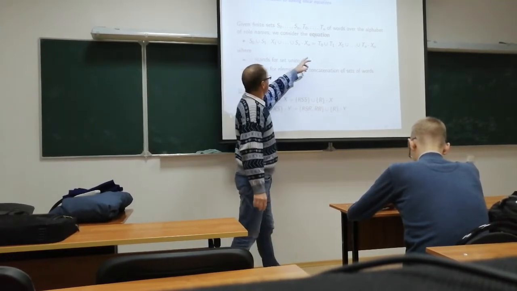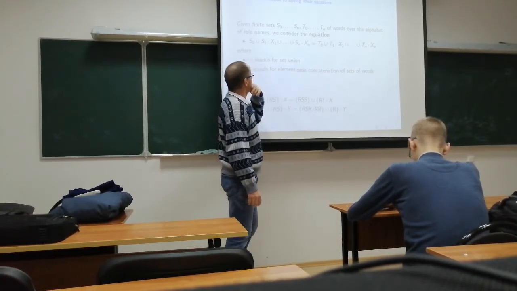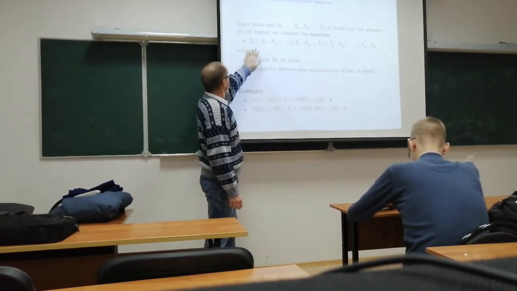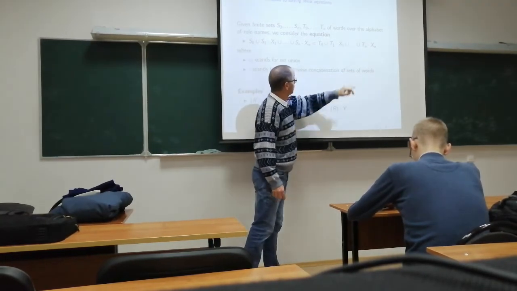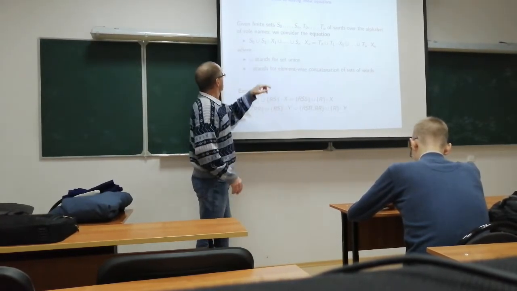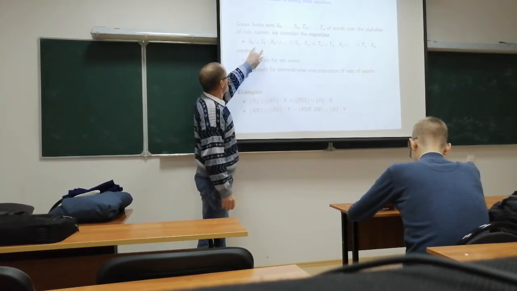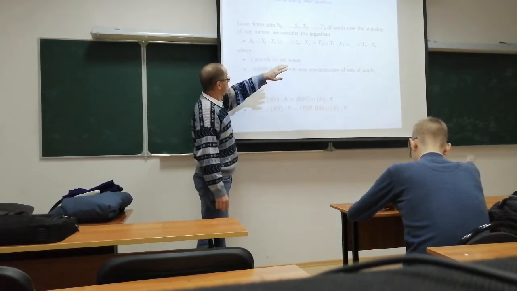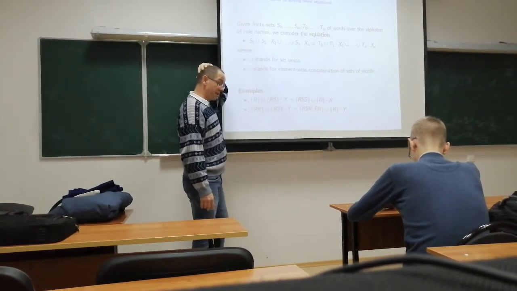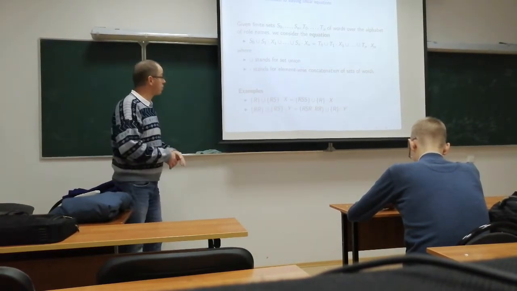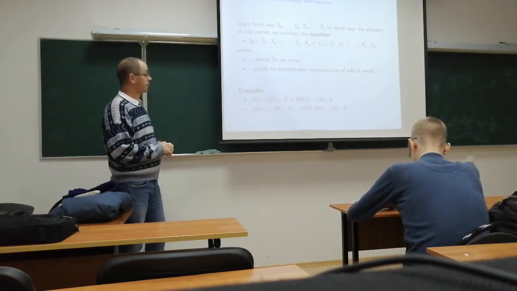So here it is written an equality. So there are n variables and the same variables on the other side. And there is S0, S1, Sn, etc., T0, T1, Tn. And these S and T denote finite sets of finite words over some finite alphabet.